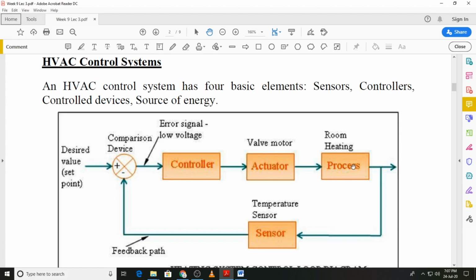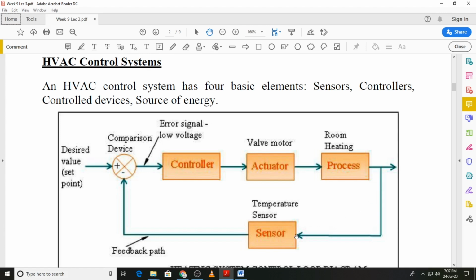So let's say we want the temperature inside the room to be 24 degrees C. It is possible that at some time the temperature starts to increase or it drops down, and based on those sorts of variations we want to have a control system that will allow us to maintain that temperature in the room.